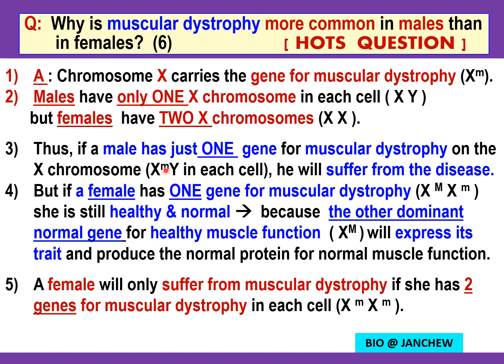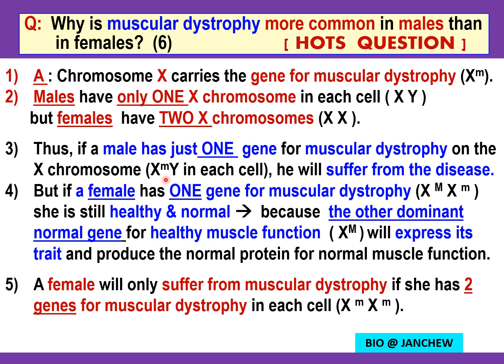The gene is a code or a set of instructions to make a protein. So he has the wrong code, and his cell will produce the wrong protein, which cannot help in the muscle function. This is because the gene is a mutated gene that has undergone abnormal changes, so the code is wrong.